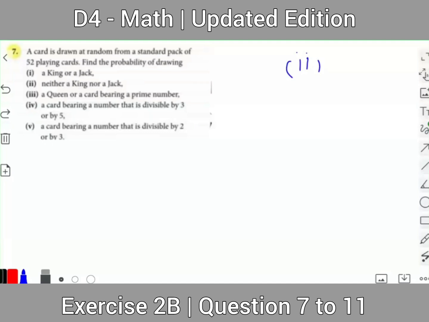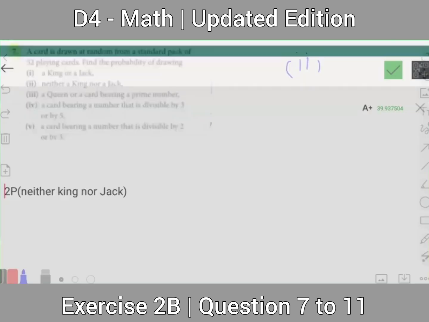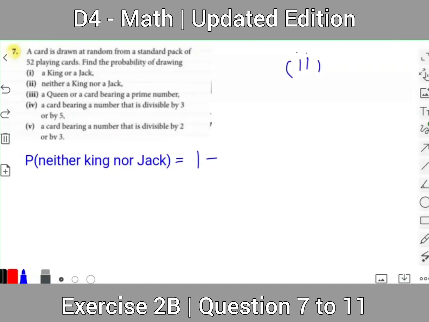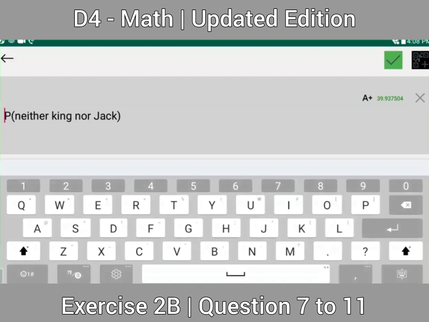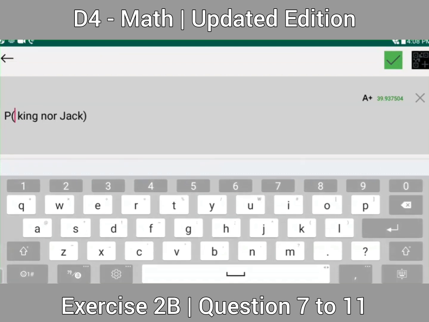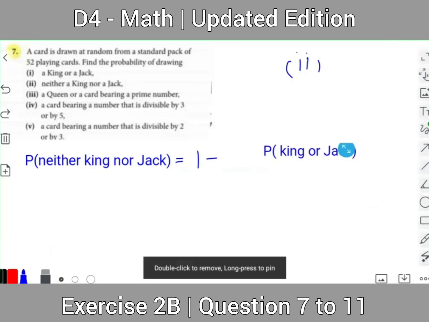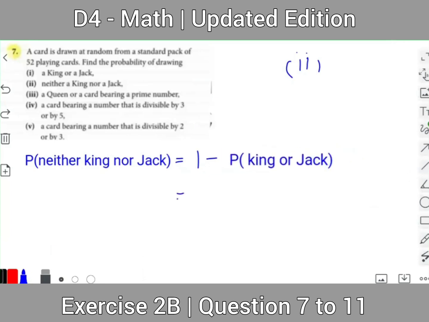Now in part 2, we have to find out the probability of drawing neither a king nor a jack. So for this, we'll subtract the probability of drawing a king or jack from 1, and that was 2 over 13.